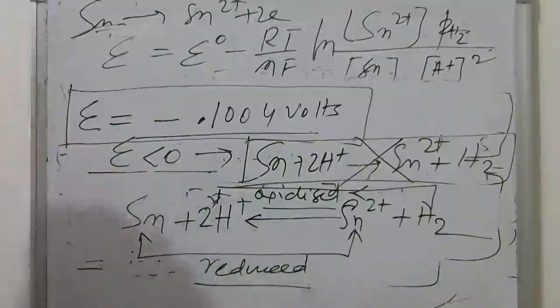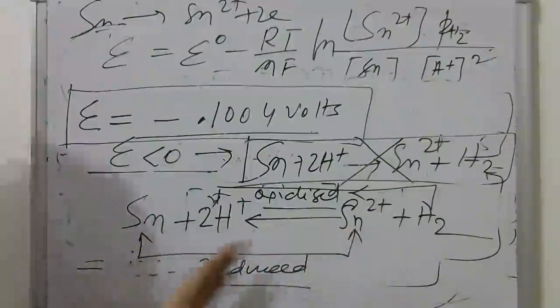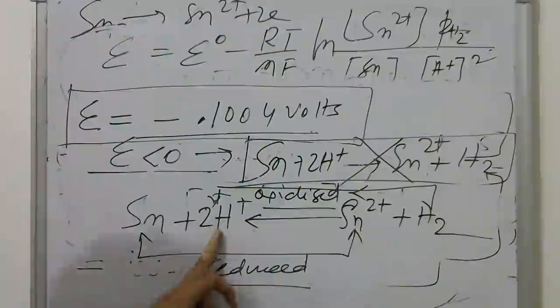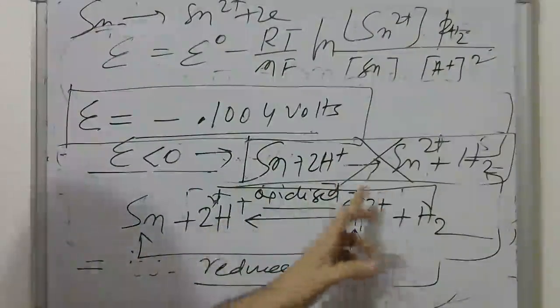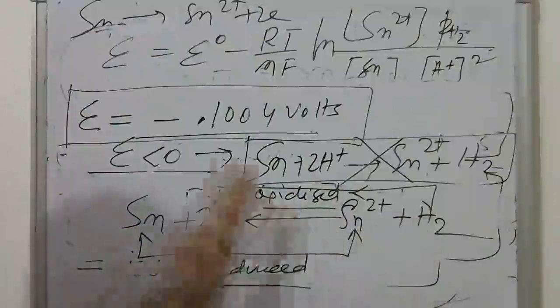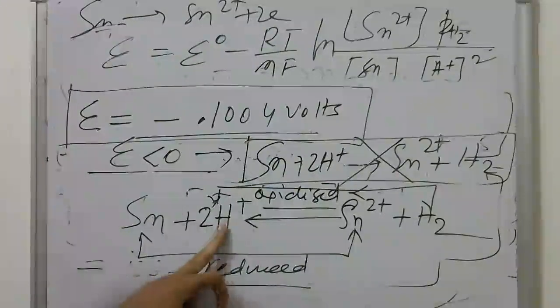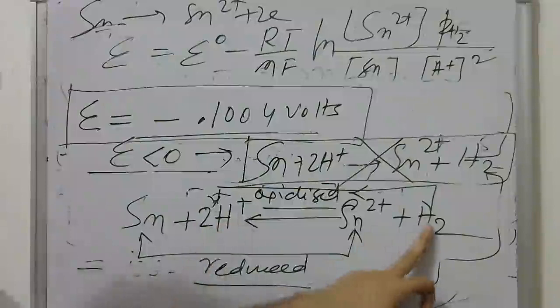So now look at the options you have been given. Sn undergoes oxidation: Sn is not undergoing oxidation, so A is not true. H+ undergoes reduction: H+ is not being reduced, because H+ is not converting to H2. H2 is actually undergoing oxidation. Please understand this.